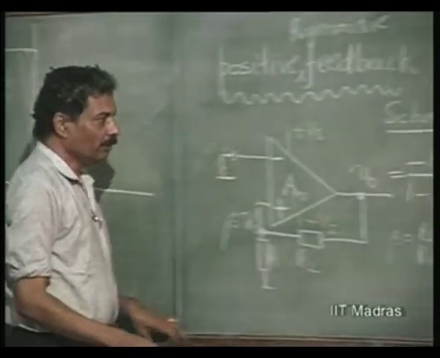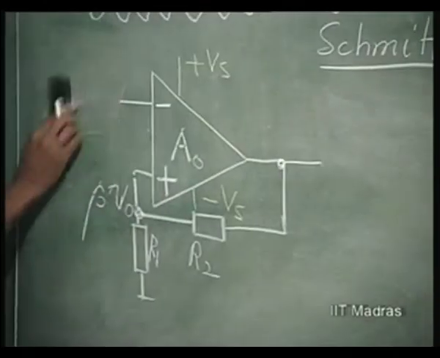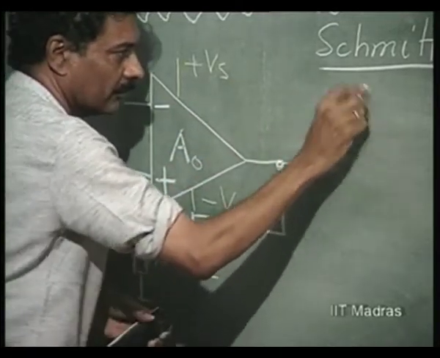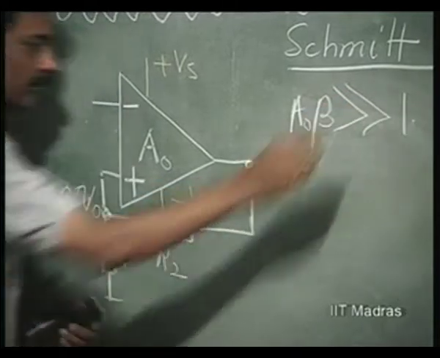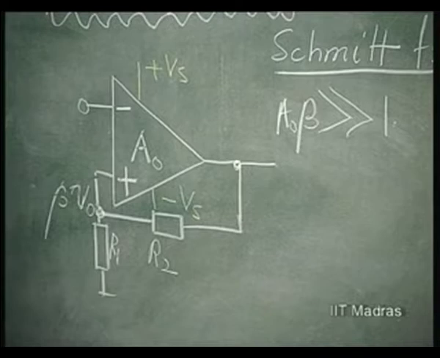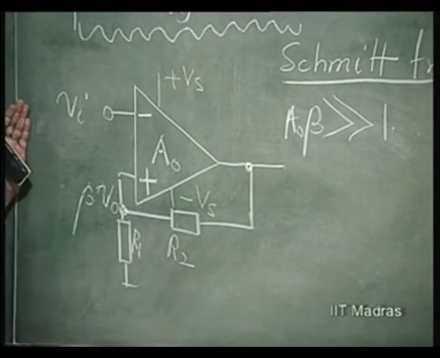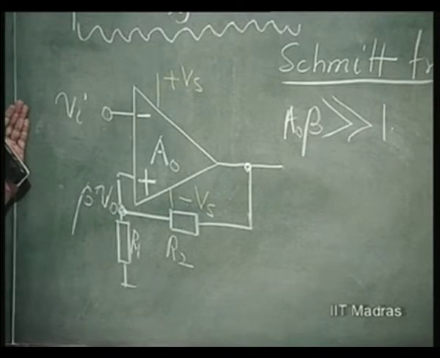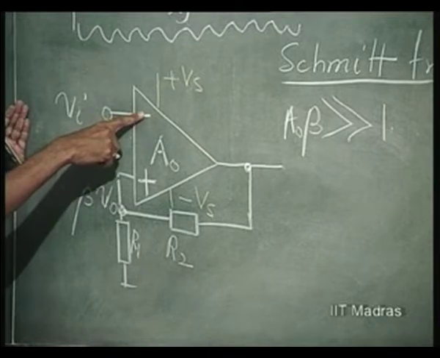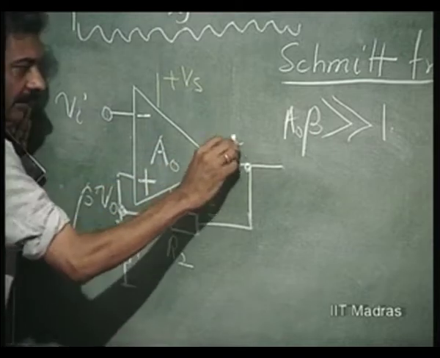As I told you, the output of this, as long as A beta is greater than 1, now we have concluded: for Vi large negative, let us consider Vi large negative, the output has to be positive saturation.